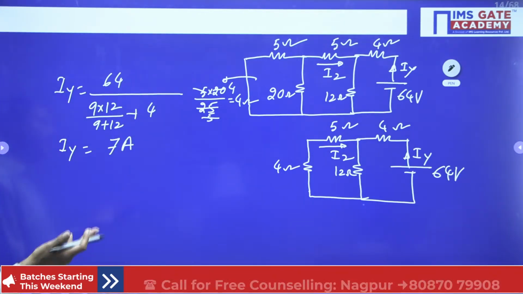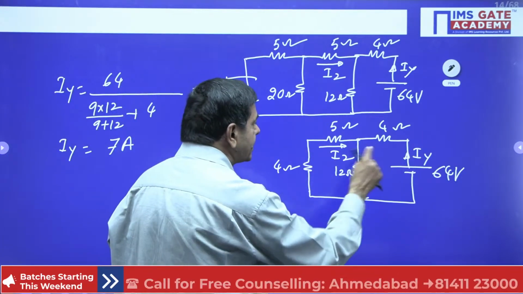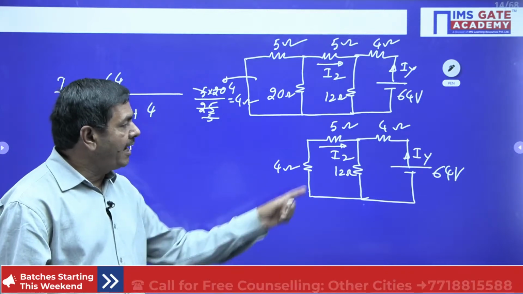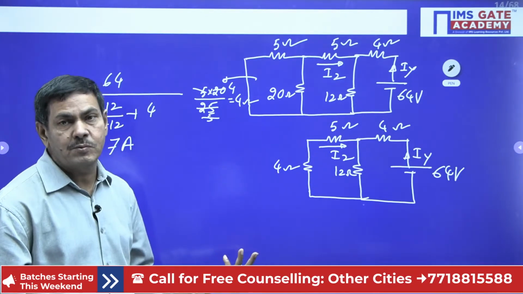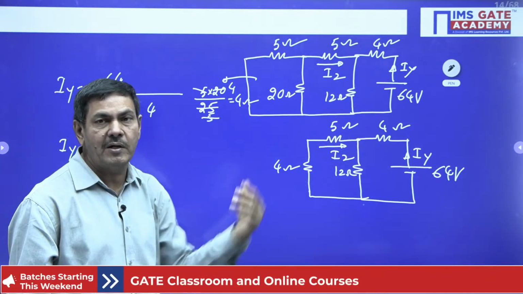Once we have IY, I2 I can find. But the I2 direction and IY direction are opposite, so while calculating I2, the sign of the current will be taken as minus. Why minus, sir? The current is in reverse. I2 is opposite to IY.